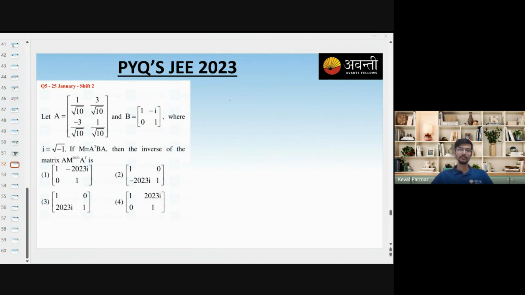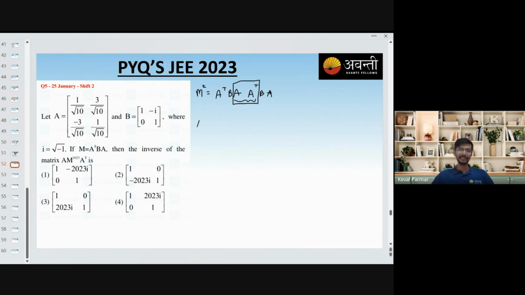So first, M is given as A transpose B A. So M square will be A transpose B A into A transpose B A, right? If we group this together, I need to find the value of A into A transpose.